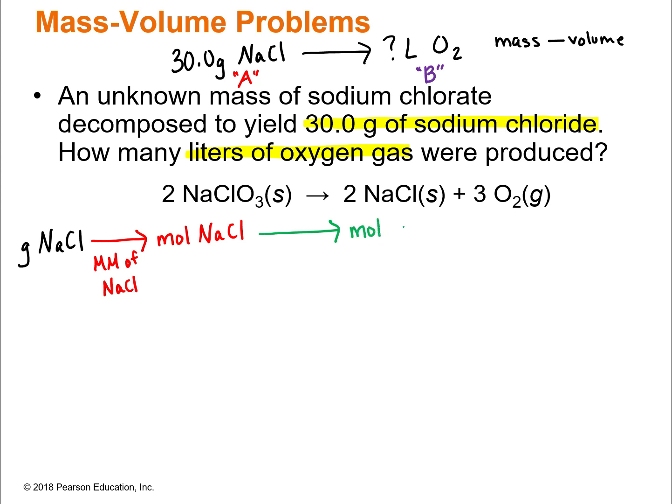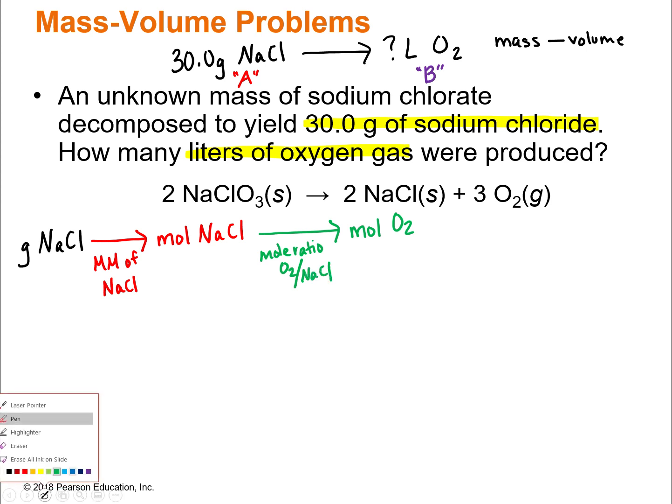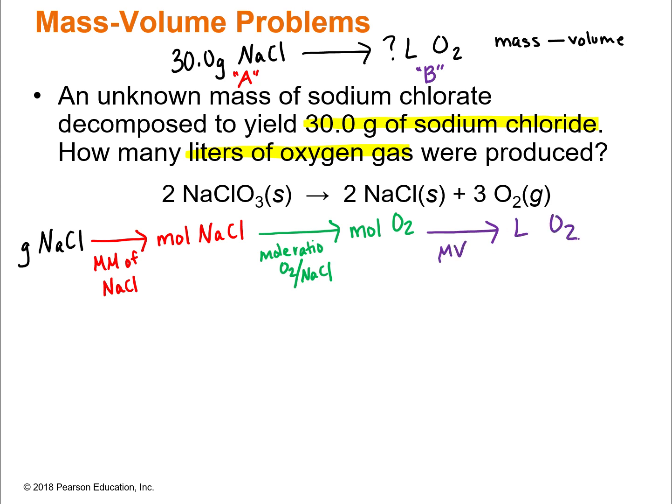We go from moles of sodium chloride to moles of oxygen gas using our mole ratio. It's going to be B over A, oxygen gas over the sodium chloride. Then we use molar volume to get to the number of liters of oxygen gas.